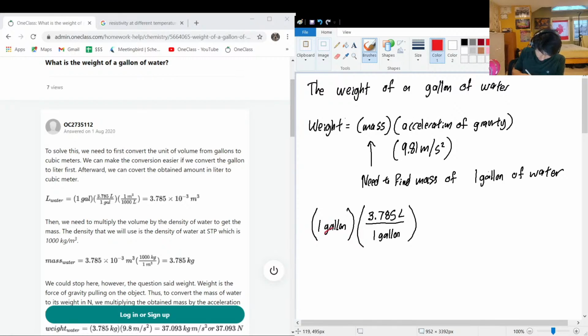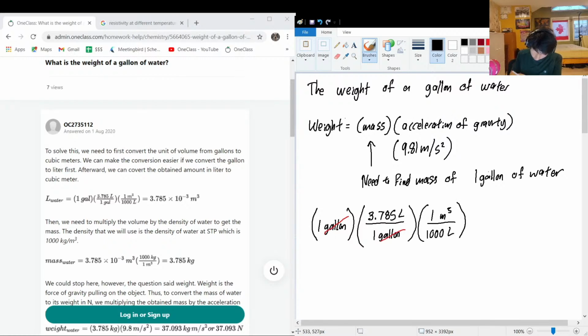You see how the gallon up there and down here neutralize each other, but we want cubic meters, right? And we know that there's 1,000 liters per cubic meter. So 1 m cubed is equal to 1,000 liters.